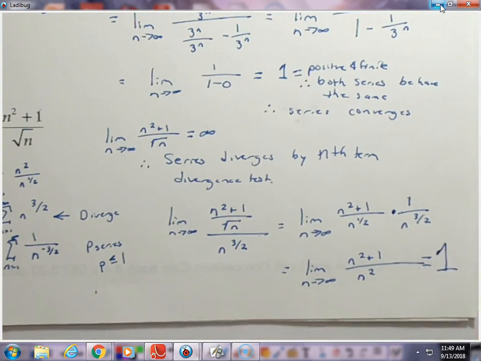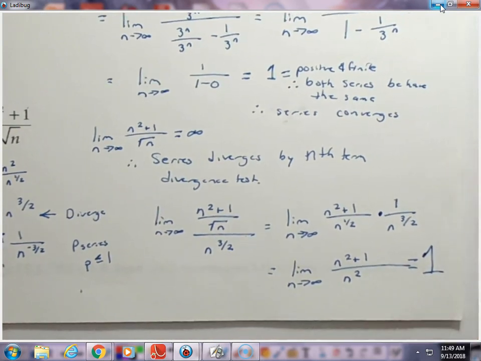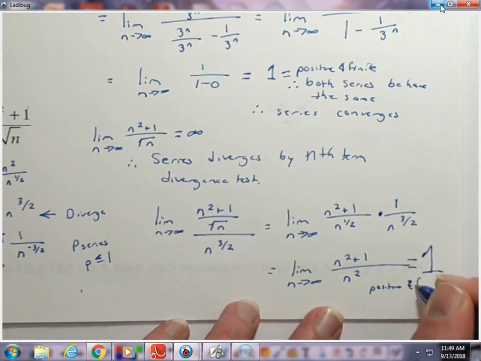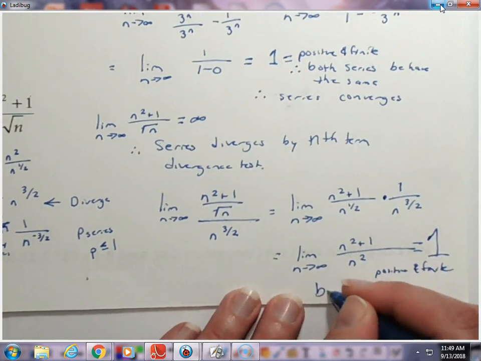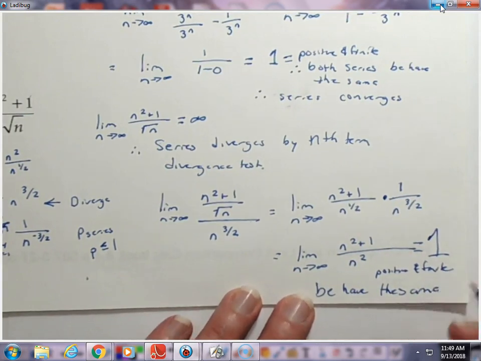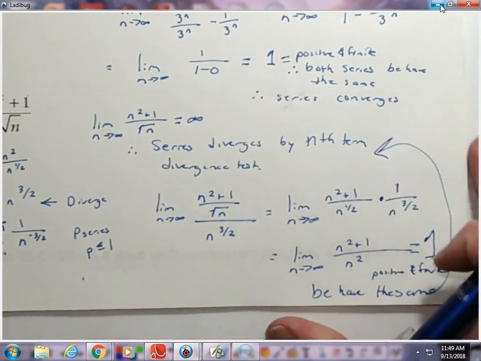Okay, so it's infinity over infinity. You can either L'Hopital it, 2n over 2n. From here to here, I added my exponents. So you can either do your horizontal exponent rules or you can L'Hopital it twice and get to 1. If it's 1, that's positive and finite. They behave the same. Okay, so behaves the same means diverged. And so it would be back to the same conclusion.